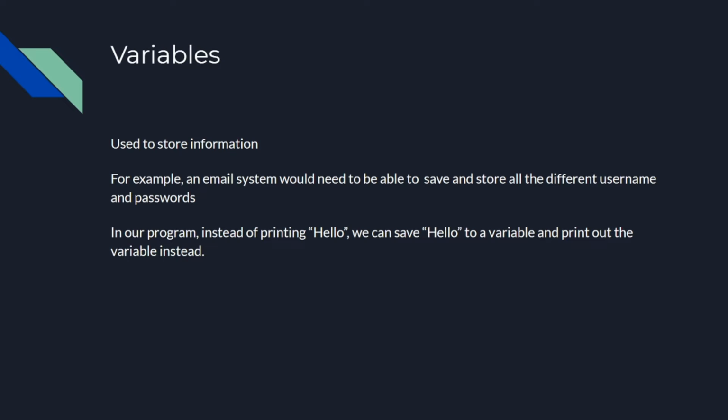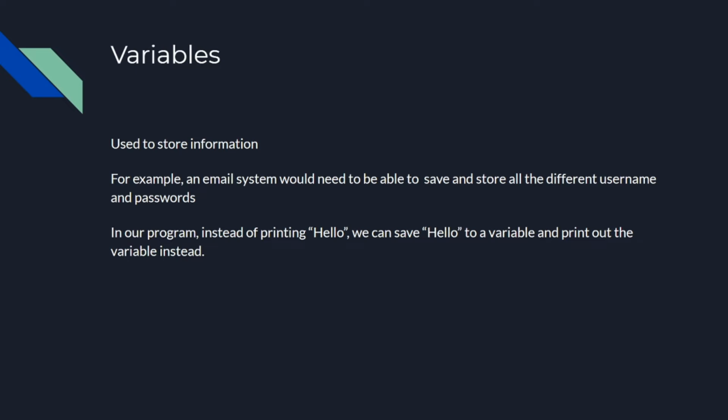Well, let's say you're coding an email system, and the user, when they're signing up, will give you their username and password. Now, you'll need to store this information somehow, right? Because the next time they want to log in, you'll have to make sure that their username and password exists. So you could use variables to store this information.